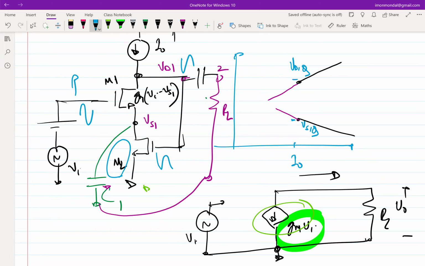Okay, fine. So this is one of the ways of biasing your transistor with this ideology that you observe the drain voltage, connect the current source at the drain, and tweak the source voltage. And this we have done using an NMOS amplifier. M2 is an NMOS transistor.